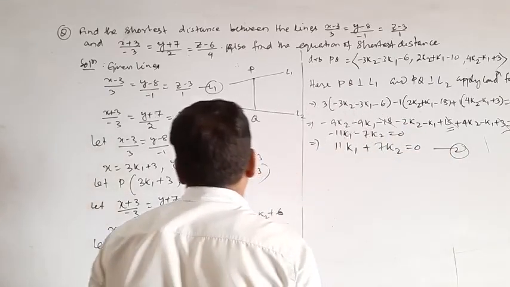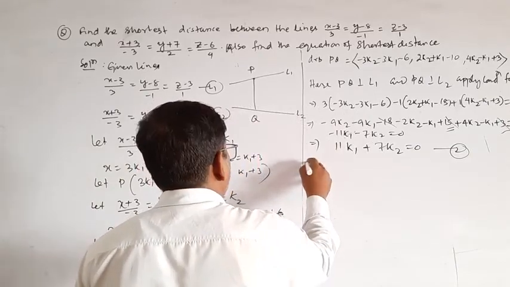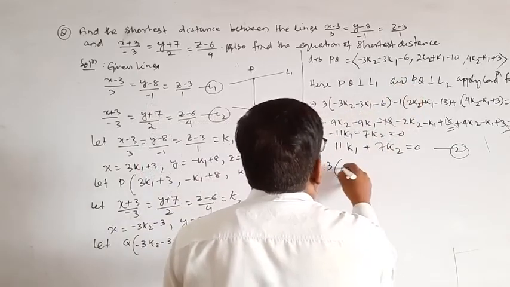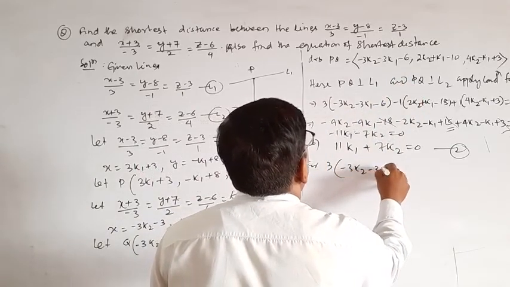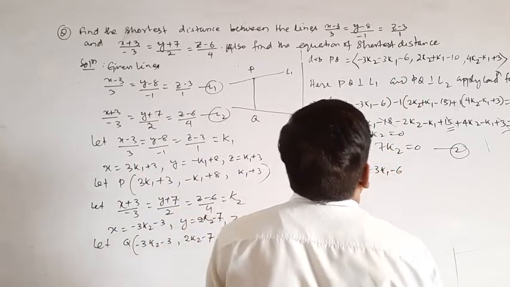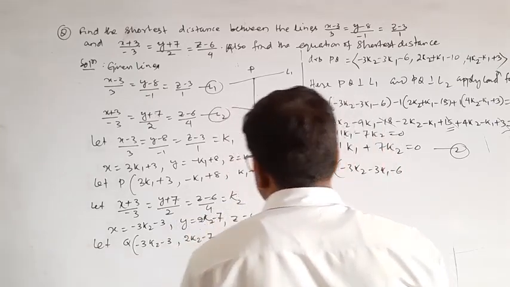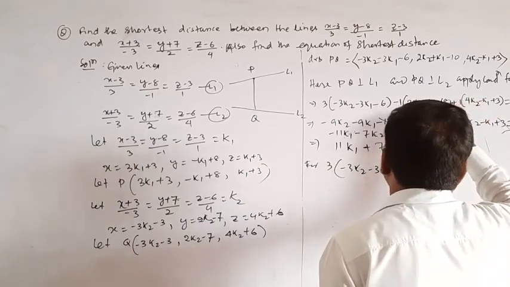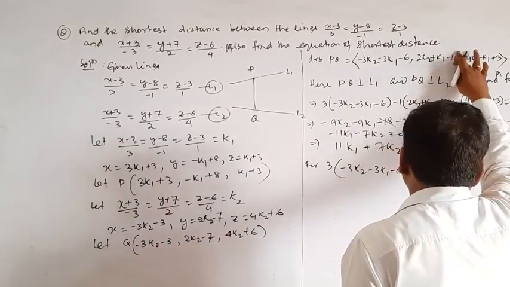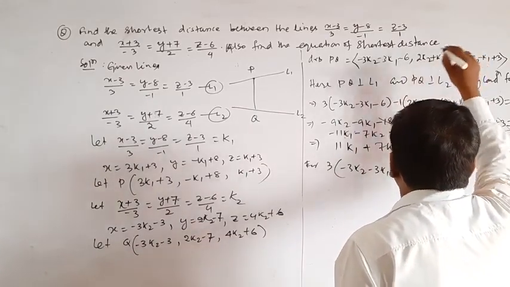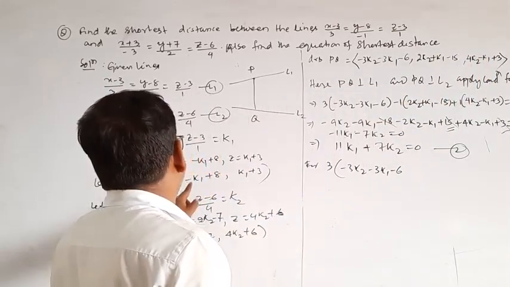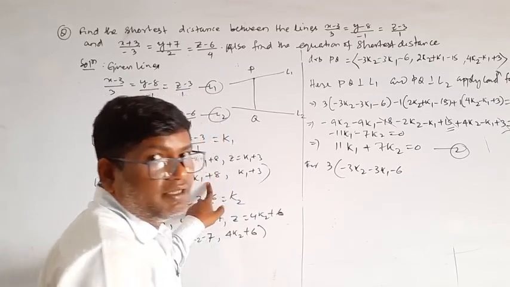Now for L2, for line 2, 3 into this minus 3k2 minus 3k1 minus 6, and this is 7 minus 15, so this is 15. Okay, this is 15 here, because this is 2k2 minus 7 minus k1 plus k1, that is 15.